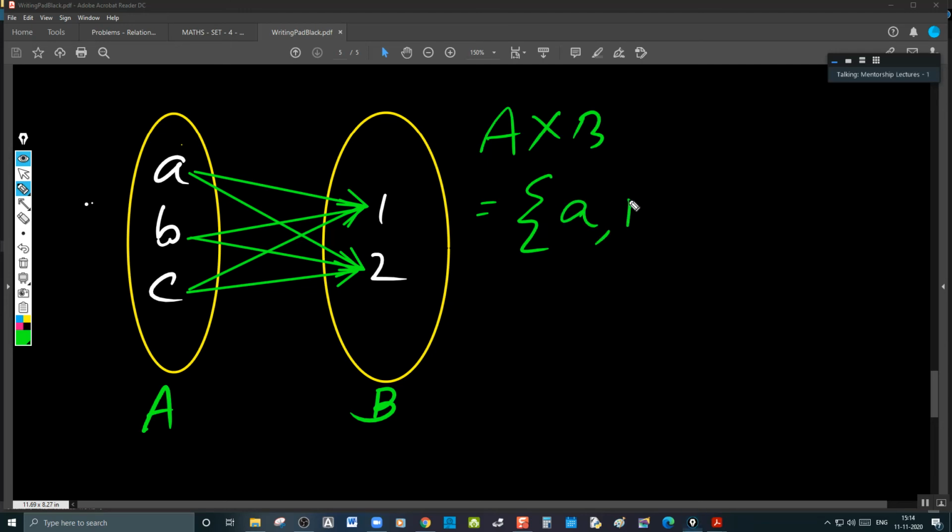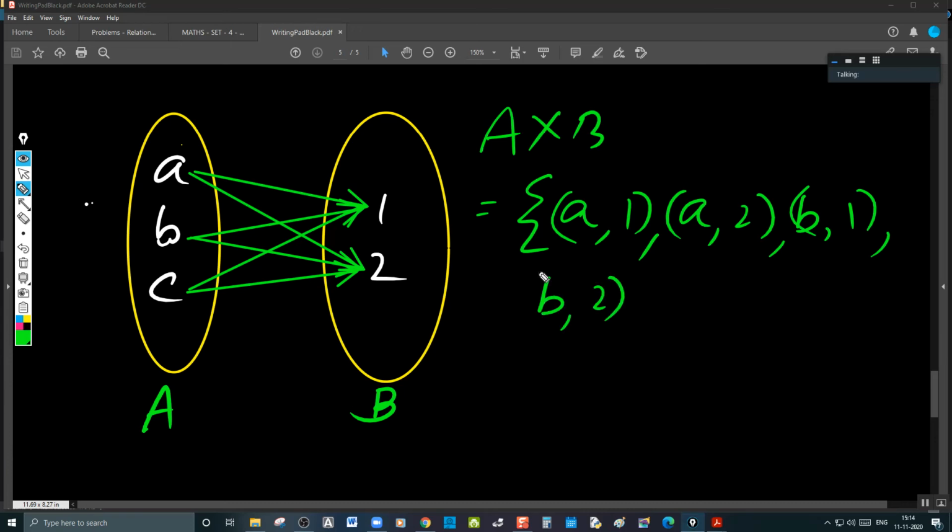Do you respond please? A1, A2, B1, B2, C1, C2. Correct. So this is nothing but the cross product.